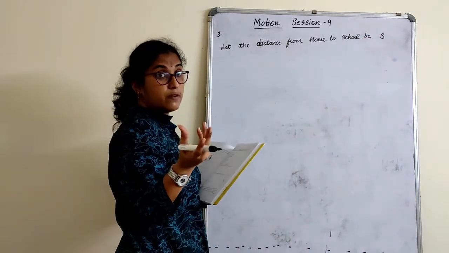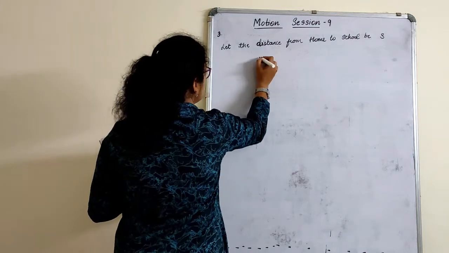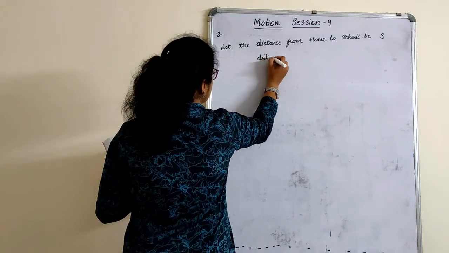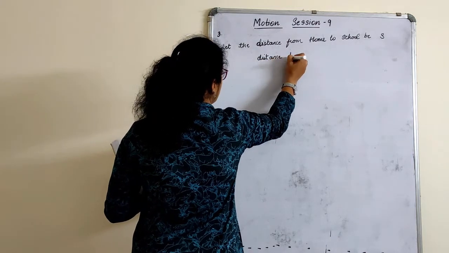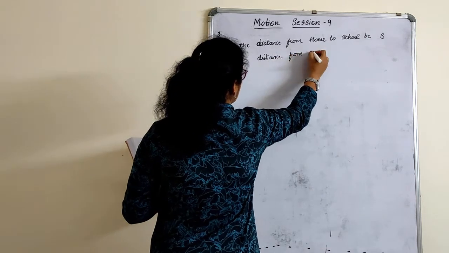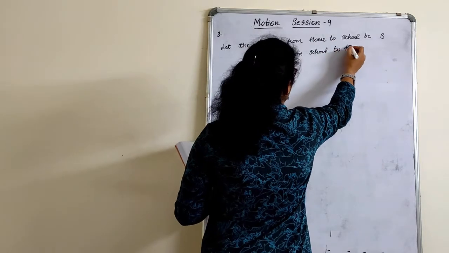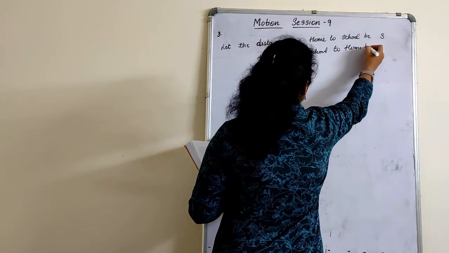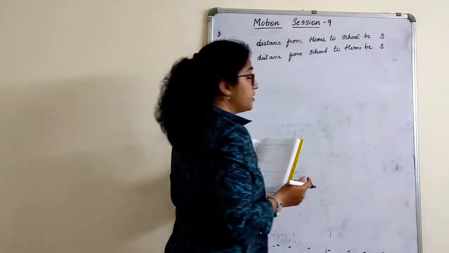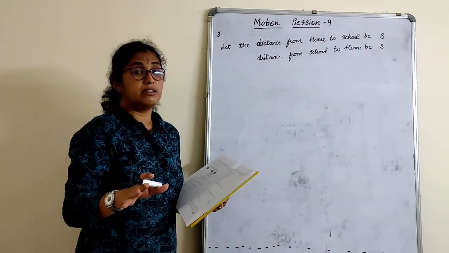Because S is the symbol we use for distance or displacement. And the distance from school to home will also be S. That will not change, because the distance will be the same.